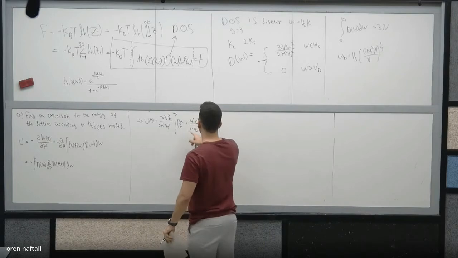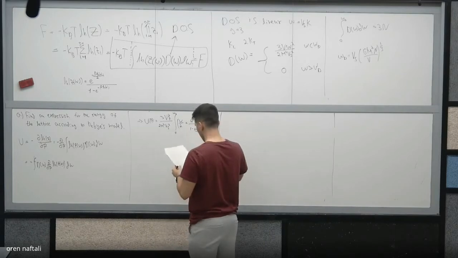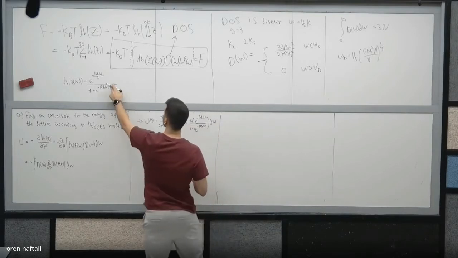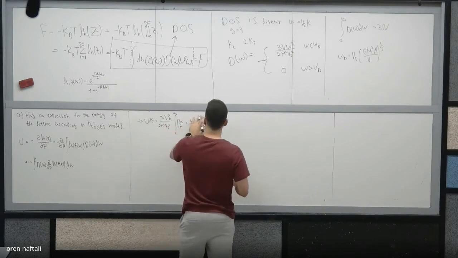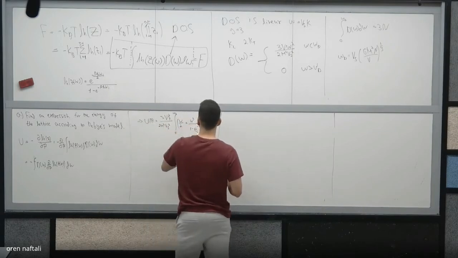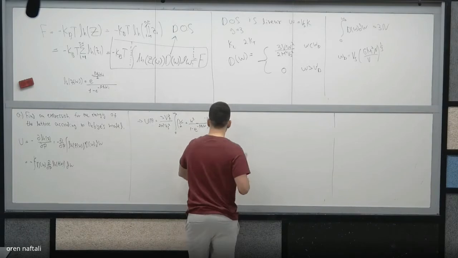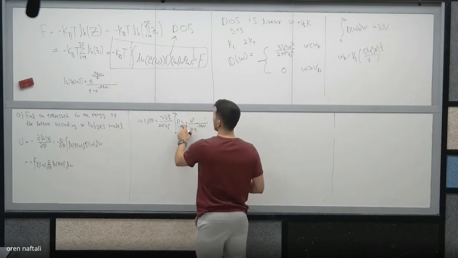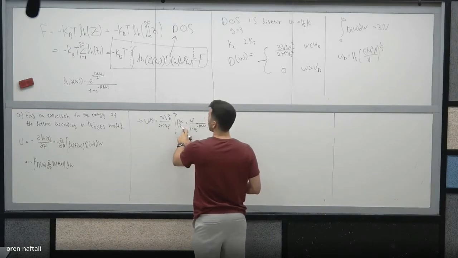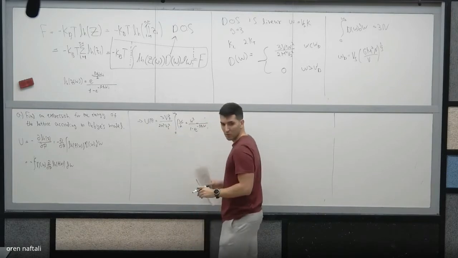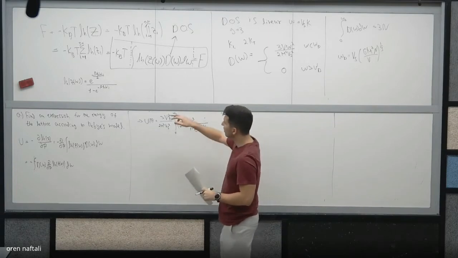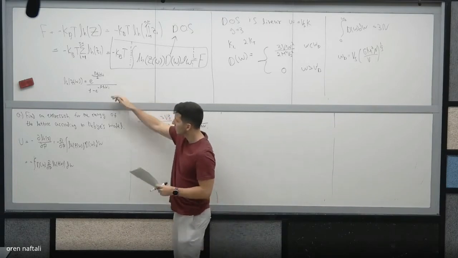Let's say, I think there is a mistake here, because this must be omega over. I think there is a mistake in the derivative, right? Oh, right.